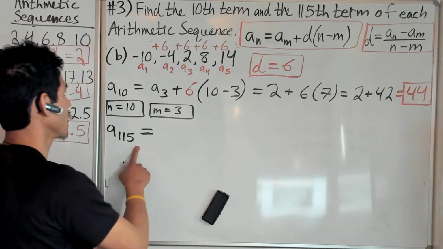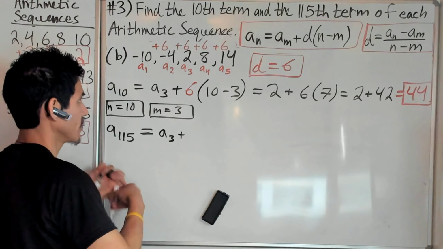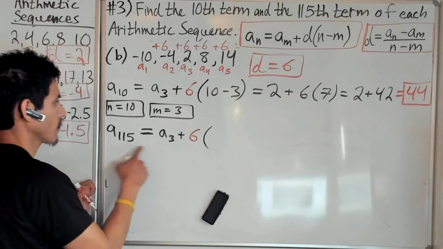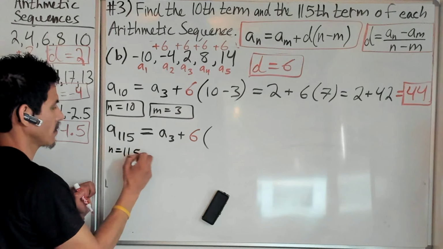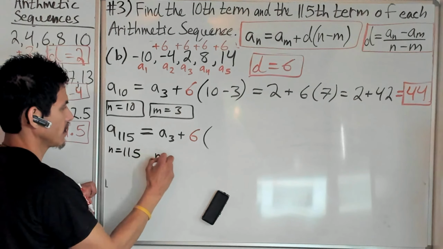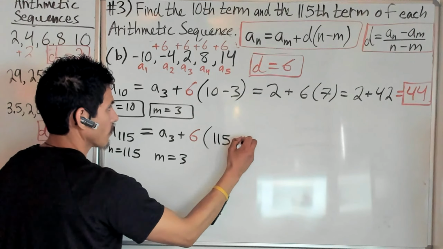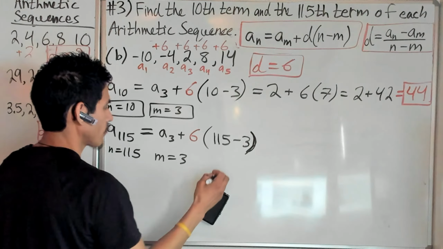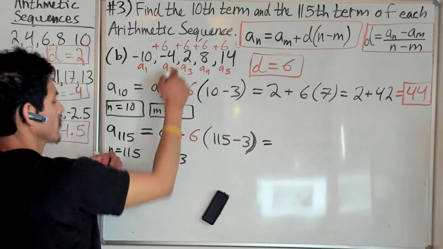All right, so A115. Let's stick with our A3 plus our common difference D times n minus m. In this case, our n is 115 and our m is 3, so we're going to have 115 minus 3. A3 again is just 2.